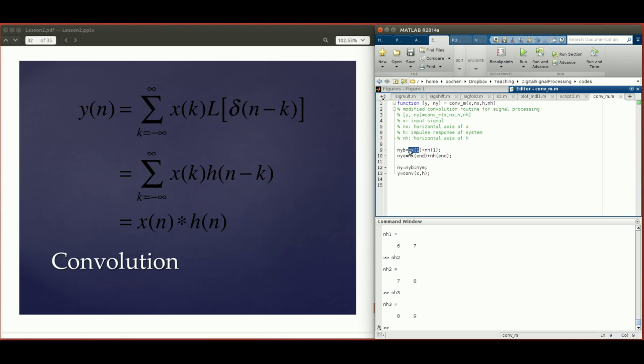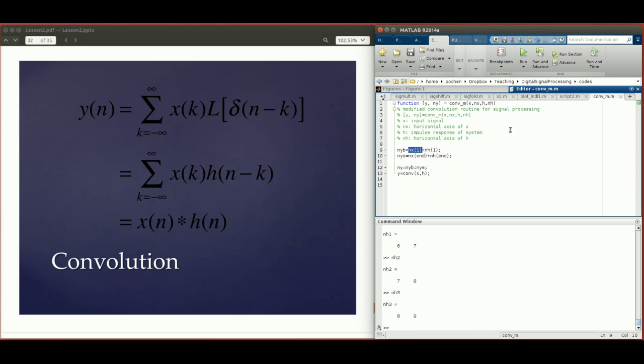The beginning index of the convolution result is going to be these two added together, because you are shifting the impulse response h by the amount nx1. So the starting index of the result is nh1 plus nx1, because you are shifting the impulse by nx1 for the first stick in the input signal.